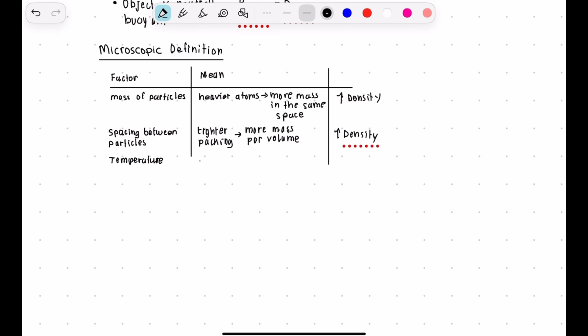Now, finally, for temperature, a higher temperature means that particles will spread, and this will also cause them to speed up, and this will decrease density.